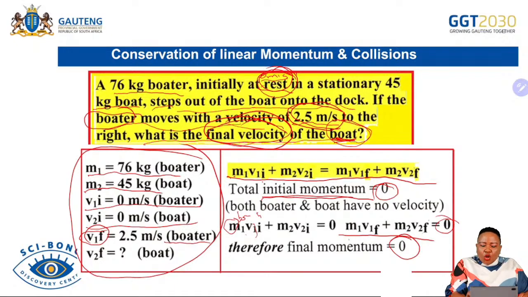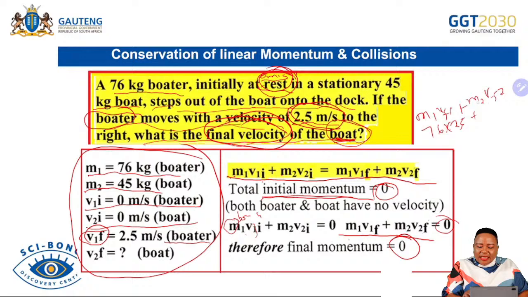Here you will be looking at m1 vf1 plus m2 vf2. The mass is 76 multiplied by the final velocity we are given, 2.5, plus the mass of 45 multiplied by vf2.